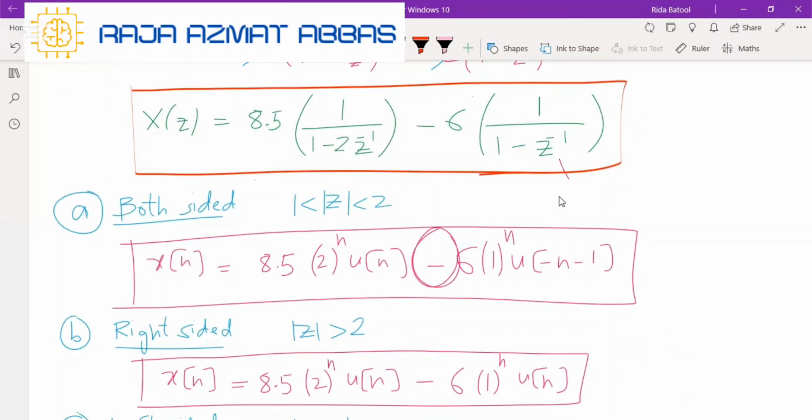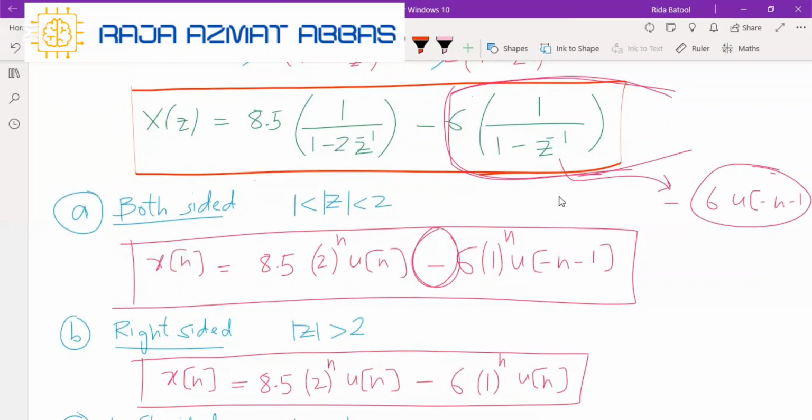Because this is the left-sided signal, and if you take the inverse Z transform of this part, you will get minus 6 u of minus n minus 1. So this minus and this minus will get multiplied and you will get plus. Are you getting it or not?